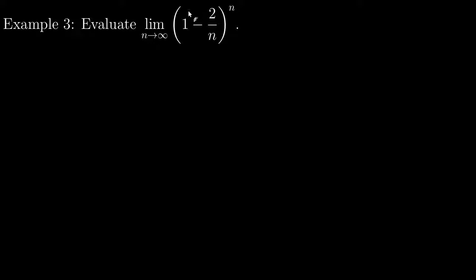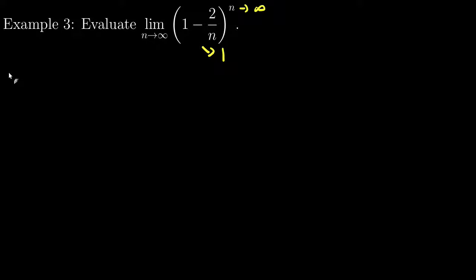And I see this case where as n approaches infinity, 2 over n approaches 0, 1 minus 0 is 1, so the base approaches 1. And the exponent approaches infinity, so we're in this indeterminate case.